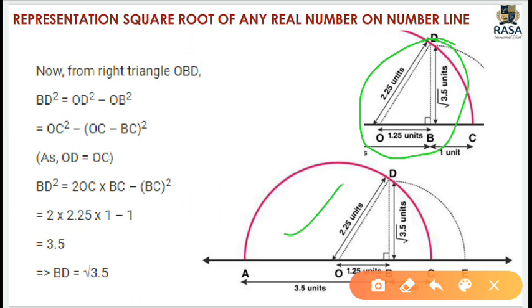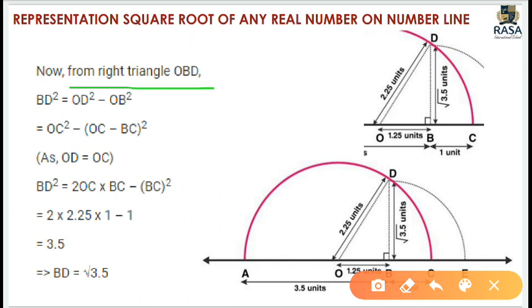Now we will see how this value BD comes to be equal to root 3.5 units. Okay, so let us see. In this right angle triangle, right angle at B. कहाँ पे right angle है वो? B point पे, जिसकी वैल्यू कितनी है? B point पे कितना एंगल है? 90 degree. Okay, so right angle at B.